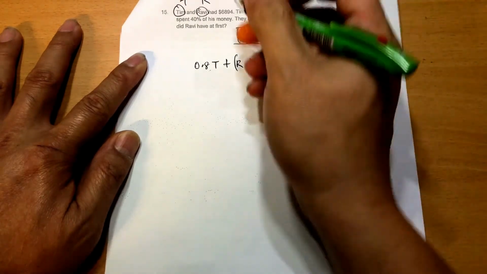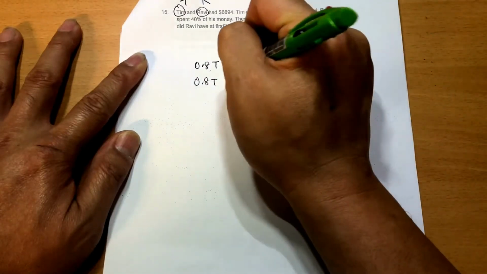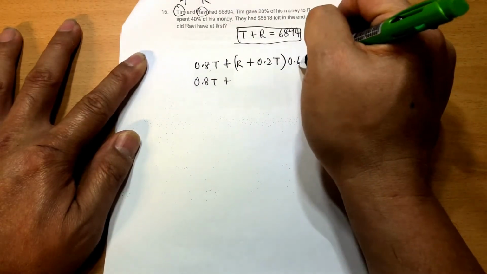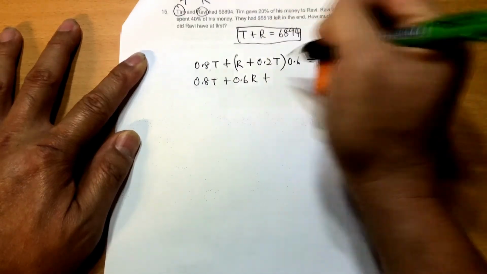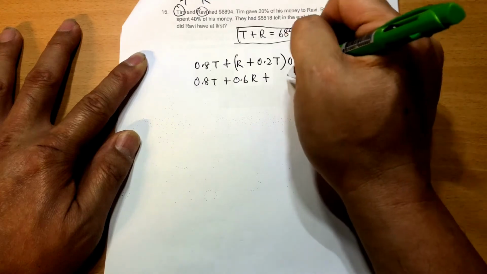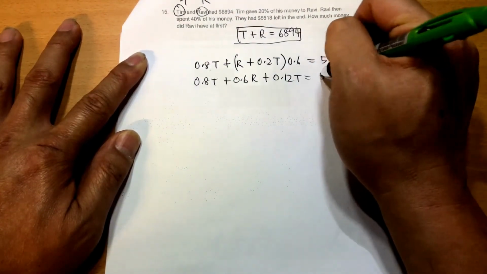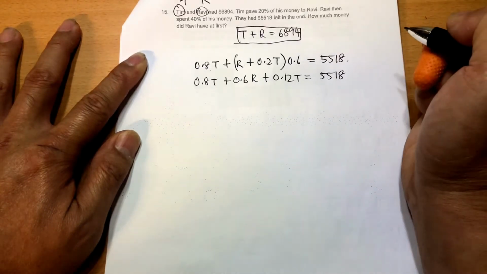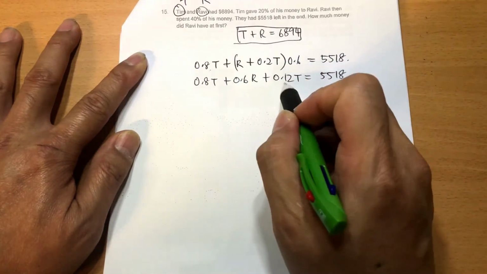Okay, so now let's just treat this as a maths problem, and let's figure out and just simplify this. All right, so here we have 0.8 T plus 0.6 R plus 0.6 times 0.2 T, so that's 0.12 T equals 5518. All right. Let's sum the two T's together.